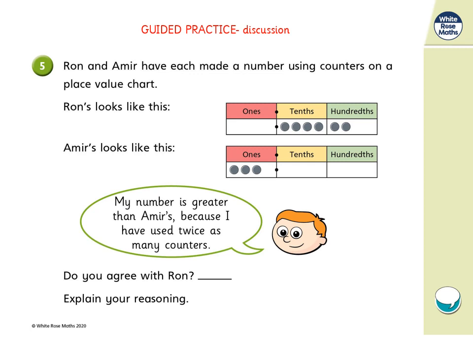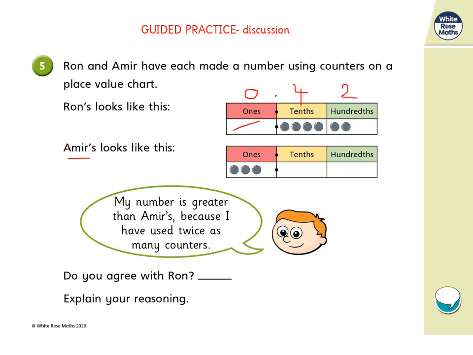Now, this is just going to be some discussion for the pair of us to have. So, Ron and Mia have each made a number using counters on a place value chart. Ron's looks like this. So, Ron has 0 ones, he has 4 tenths, and he has 2 hundredths.